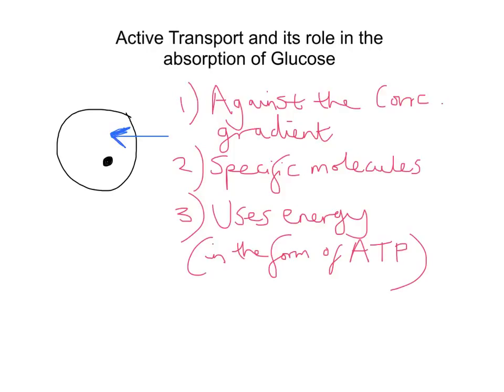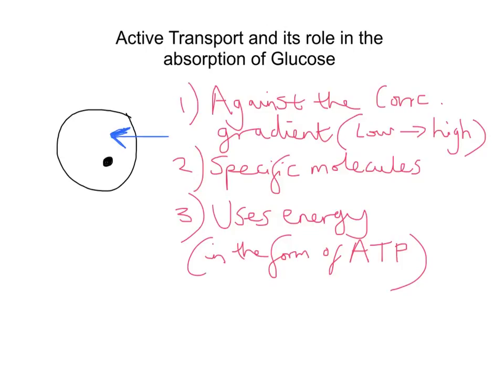So the key thing about active transport, as opposed to basic diffusion, is that it uses energy. It's not a passive process, it's an active process. So you have to use energy to go against the concentration gradient. You go from, and I'll just add this at the top, low concentration to high, whereas most things tend to go from high to low.